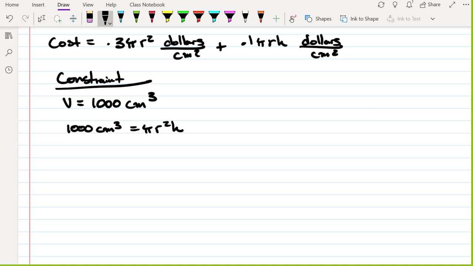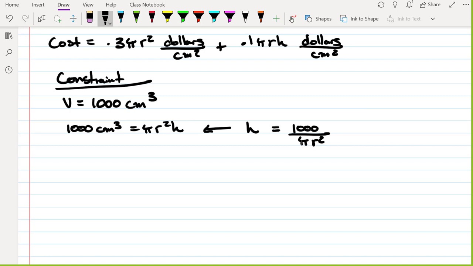So now we need to solve this for either r or h. Personally, I think it's easier to solve for h. So h is going to be equal to 1,000 divided by pi r squared.